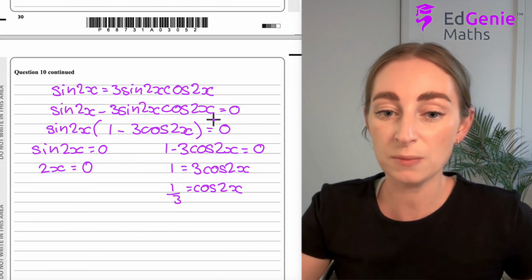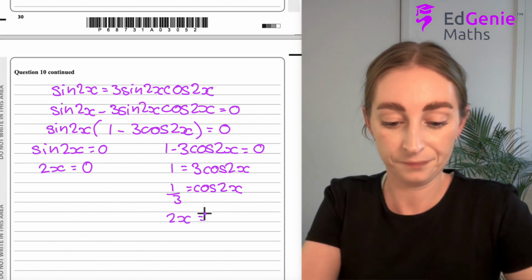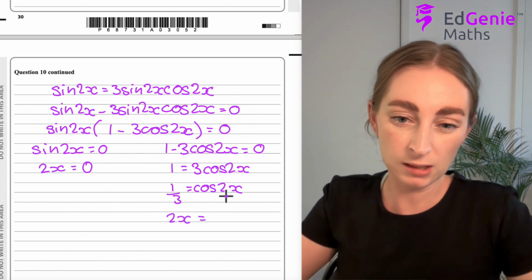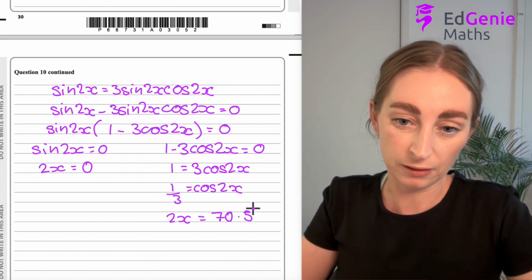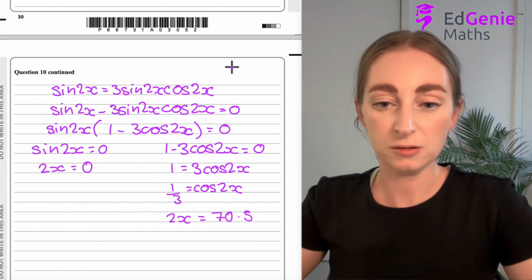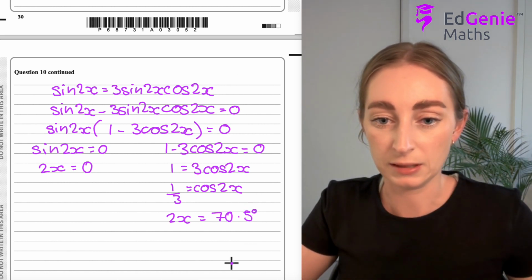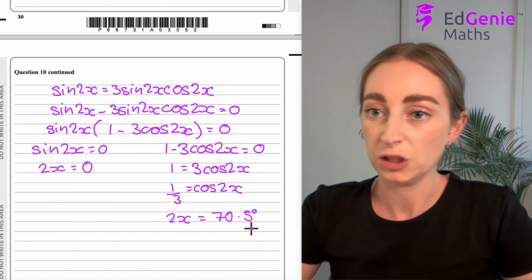Then do cos to the minus 1 of a third, and that will give us not a very nice number. 70.5 degrees. It's not the end of the world, but I was just hoping it would have been a little bit nicer. What we're not going to do is divide it all by 2 now.